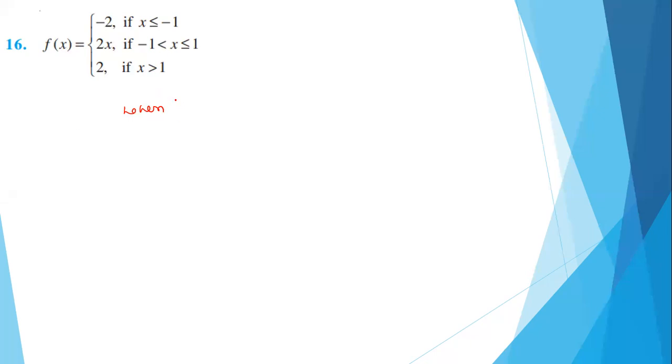See, when you write, when x is less than -1, we have f of x equal to -2. All this you need to write, otherwise you won't get full marks. When x is between -1 and 1, f of x is 2x.